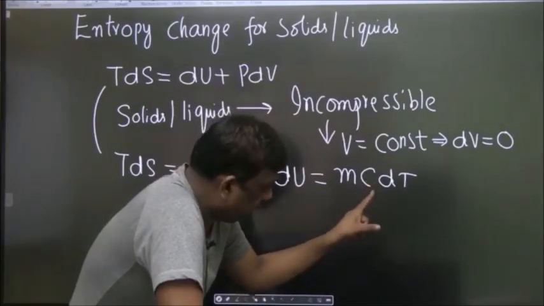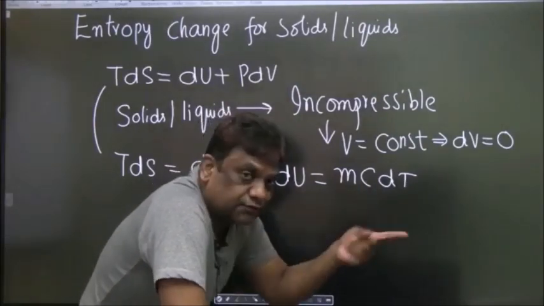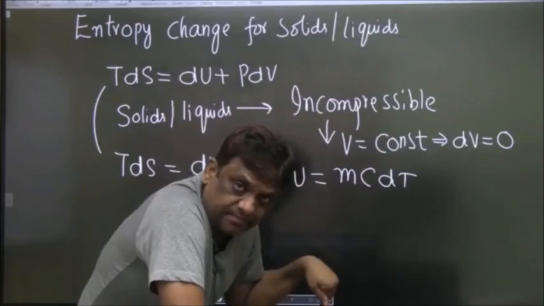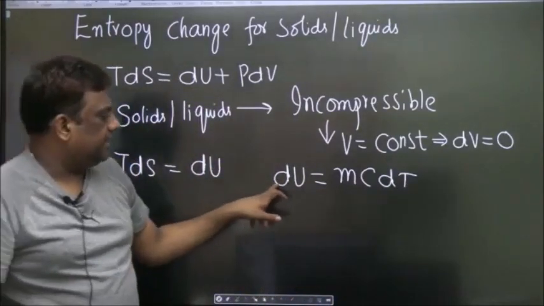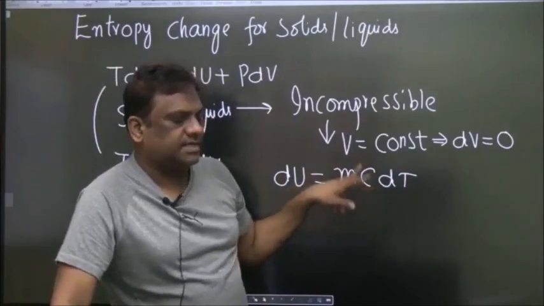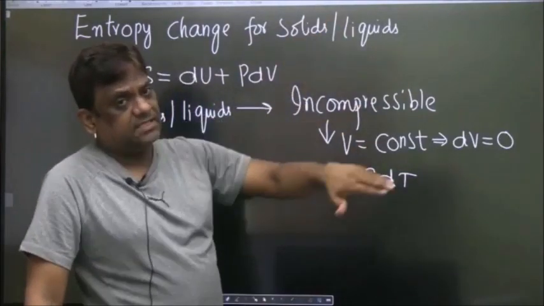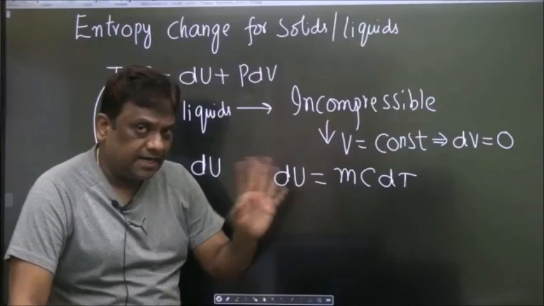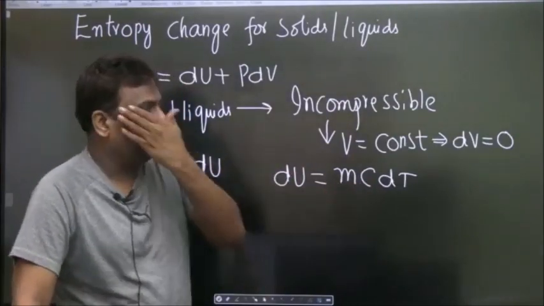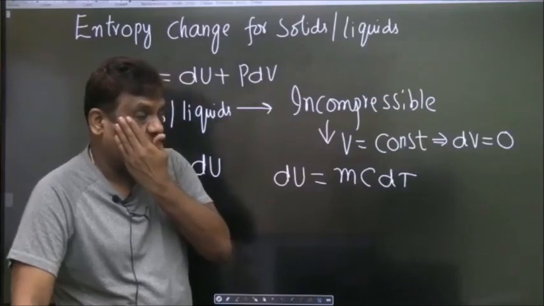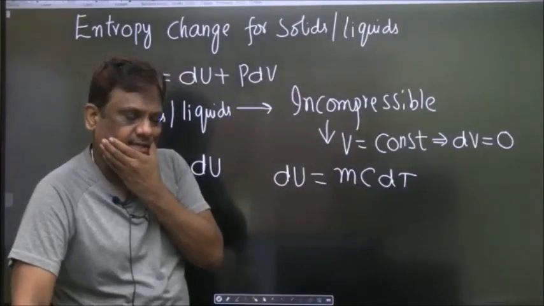If I write CV, it is for ideal gas, but this is not an ideal gas. It is solid or liquid. For any working fluid, the internal energy change can be written as mc dT. And you know, solids and liquids have only one specific heat, that is C.